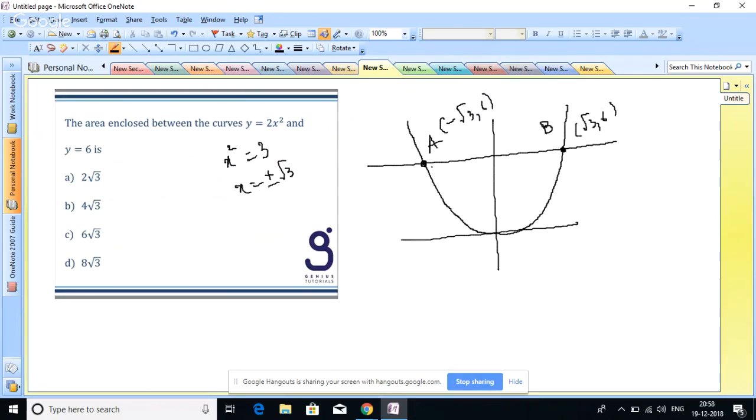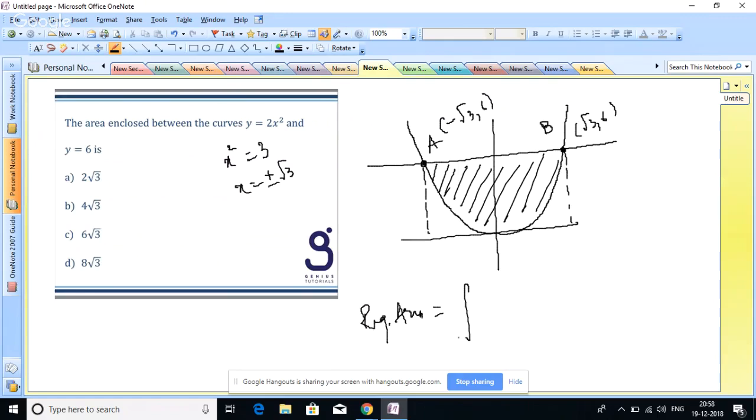Now if we need to find the area between these two graphs, how to solve this? The required area will be, just take the limits as x coordinates, so that will be minus root 3 to root 3, and if I integrate this straight line, that will give us the whole area between this straight line and the x-axis, but we have to subtract that area which is below this parabola.